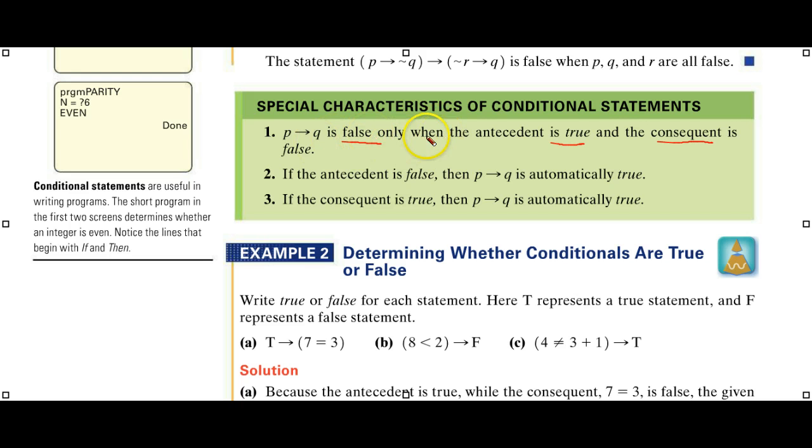So that's the only time it's false. If the antecedent is false, then P yields Q is automatically true. And if the consequent is true, then P yields Q is automatically true. So again, a little summary of that little chart.